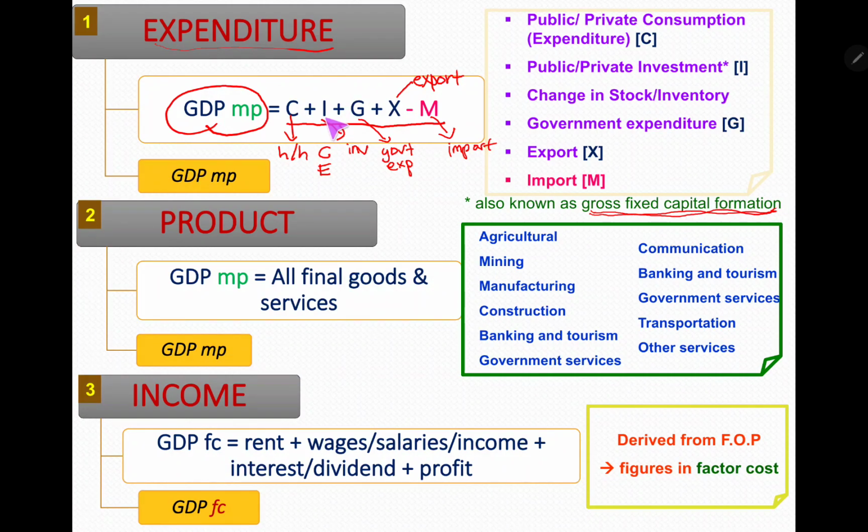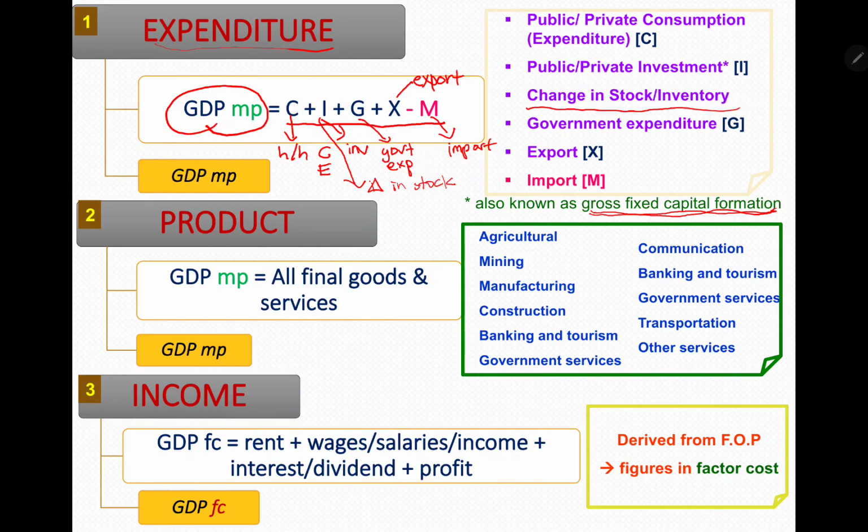One more thing about investment is you can also be given another item, change in stock or change in inventory. So you need to count that as well, because it is also part of investment.